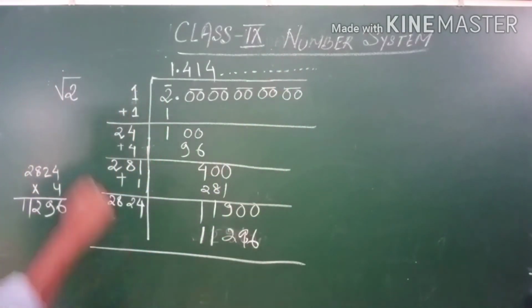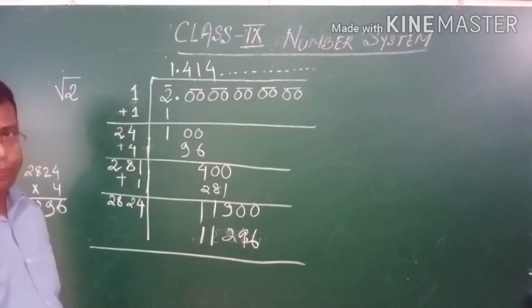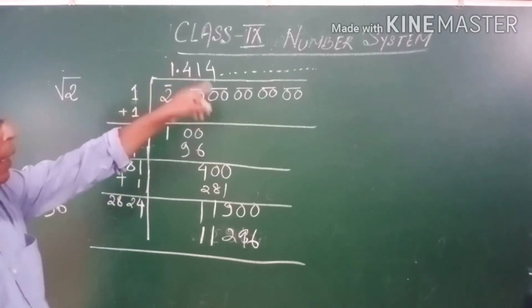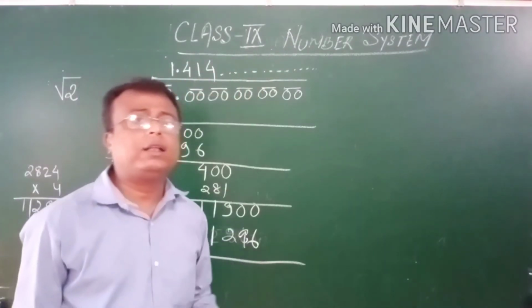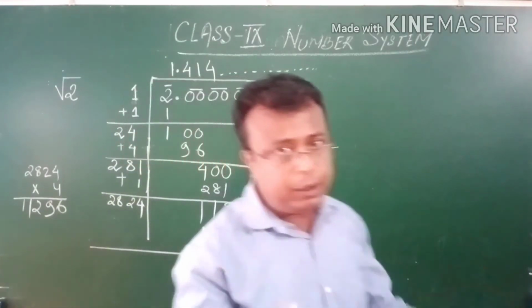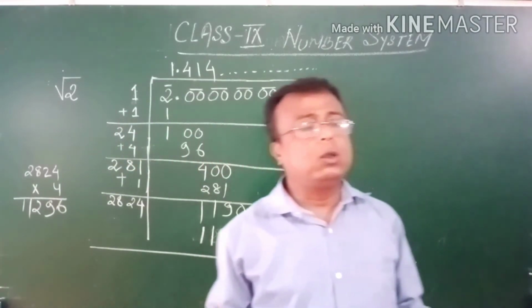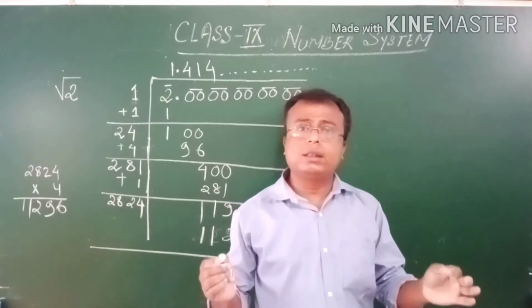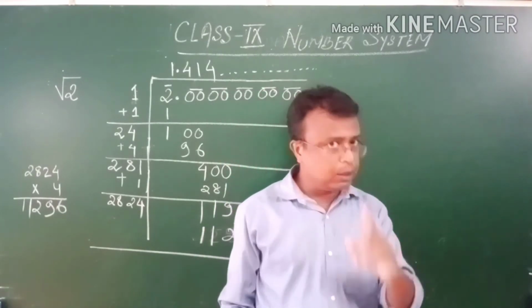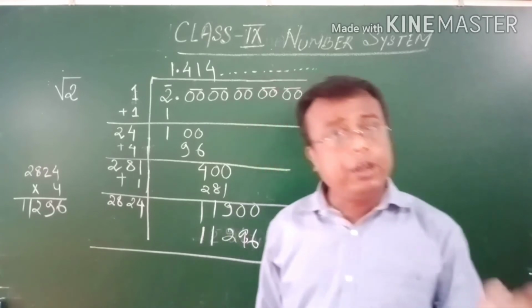Okay. Now you see, you observe this number now. 1.414... What does it mean? It is non-terminating. Now what is the meaning of non-terminating? Non-terminating means it never stops. First. Second thing, it is a non-repeating decimal.